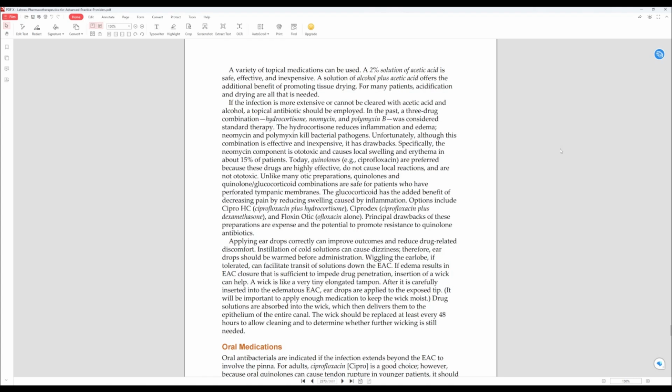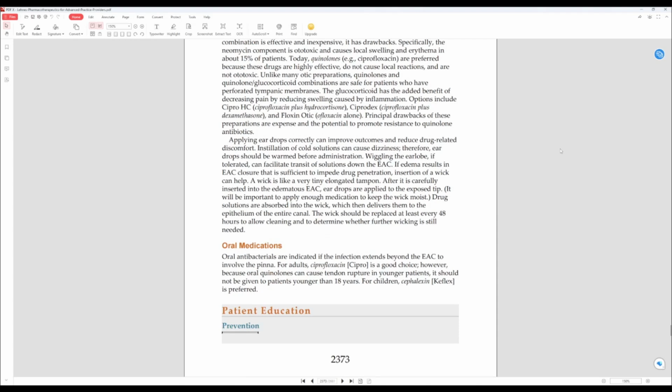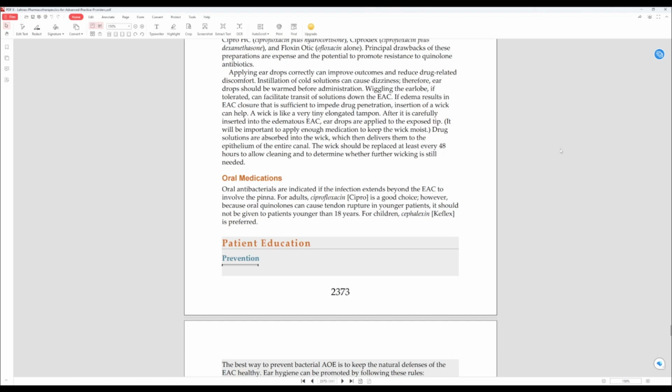The glucocorticoid has the added benefit of decreasing pain by reducing swelling caused by inflammation. Options include Cipro-HC, Ciprodex, and Floxin-Otic. Principal drawbacks of these preparations are the expense and the potential to promote resistance to quinolone antibiotics.